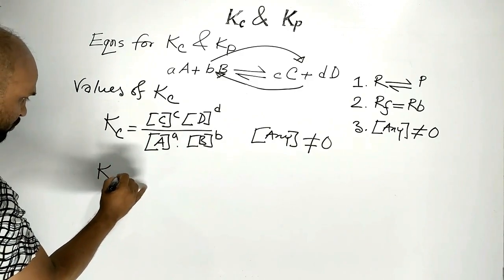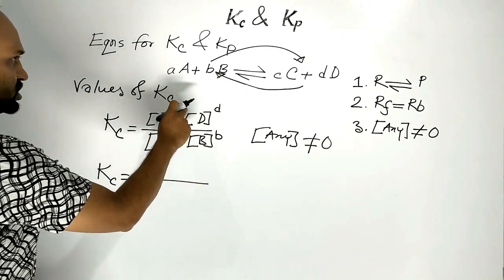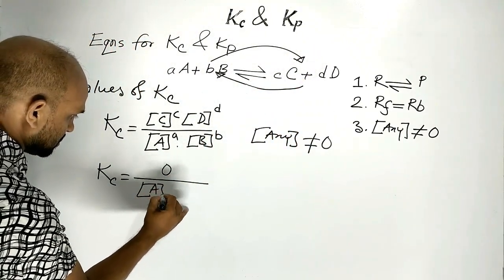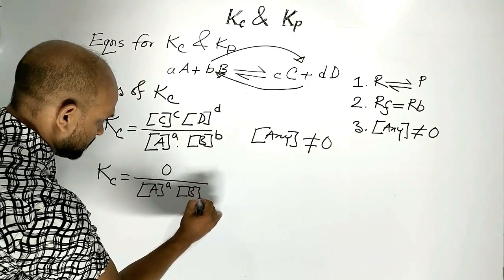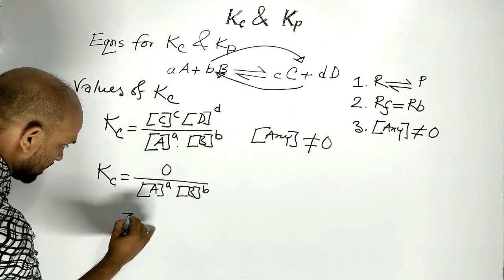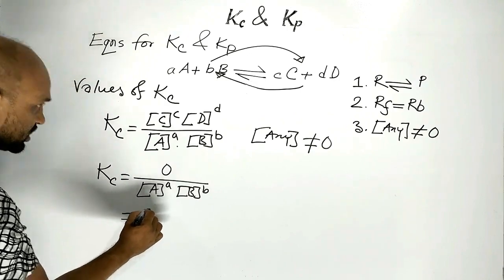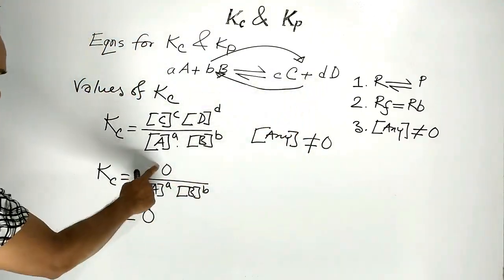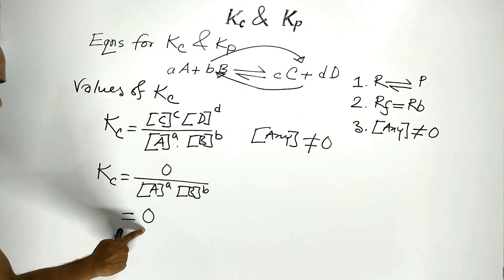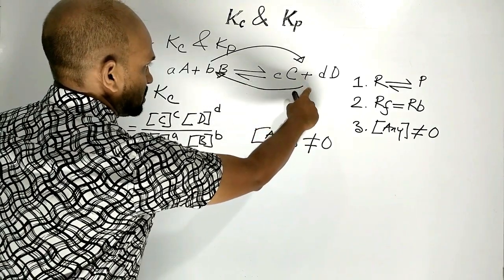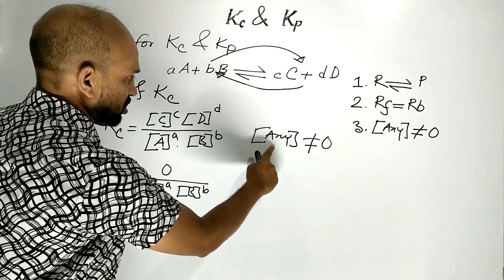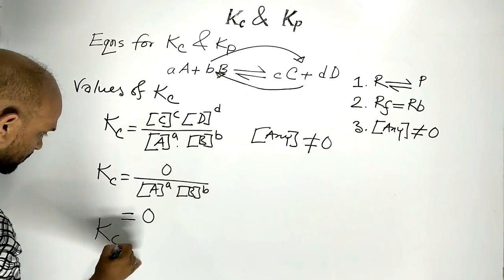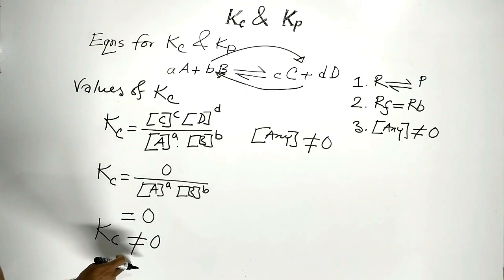Here, if we consider concentration of the products is zero, then value of Kc will be zero. But we know for a reversible reaction, concentration of any component cannot be zero. So value of Kc cannot be zero.